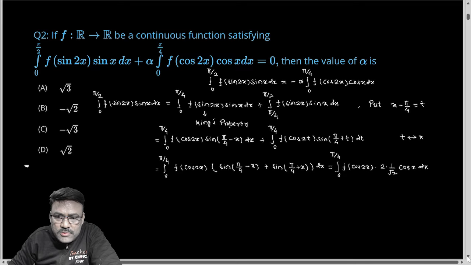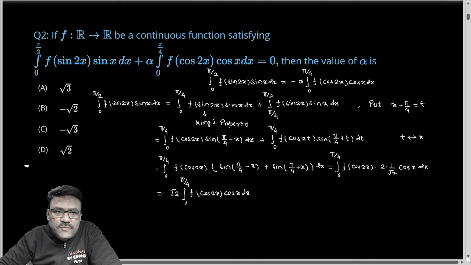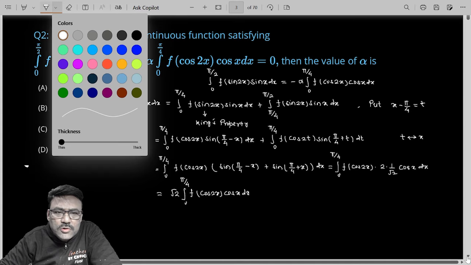So ultimately you are getting root 2 times integral 0 to pi by 4 f of cos 2x cos x dx. But from the given question, I can see that integral 0 to pi by 2 f of sine 2x sin x dx is minus alpha times integral 0 to pi by 4 f of cos 2x into cos x dx.